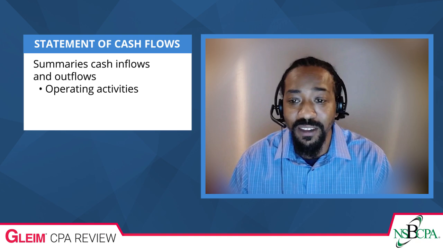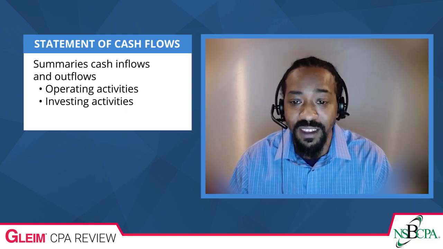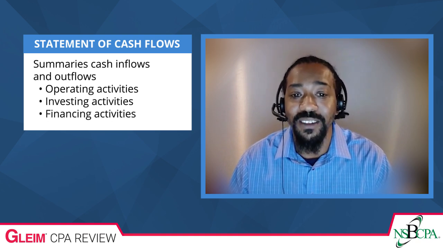The fourth and final financial statement is the statement of cash flows. This statement summarizes the company's cash inflows and outflows for the period. These inflows and outflows are grouped into one of three business activities: operating activities, investing activities, and financing activities.